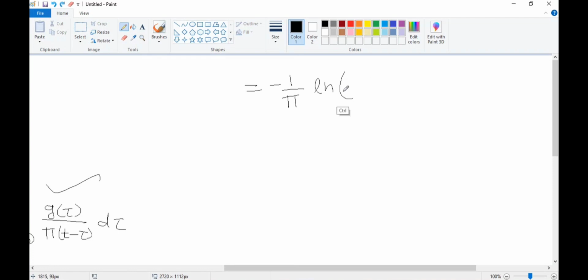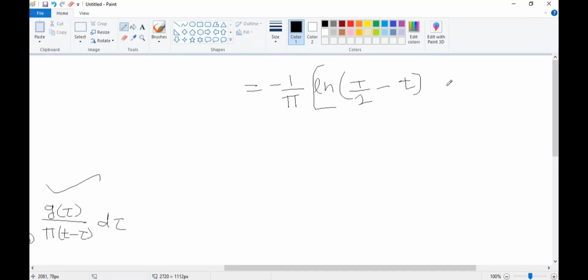tau minus t. In place of tau, I need to substitute the limit, so the entire thing I'll take common. First I need to substitute the upper limit, which is t by 2, so t by 2 minus t.